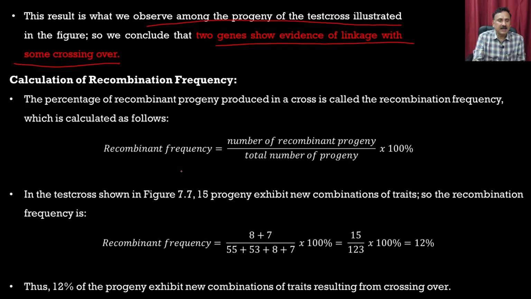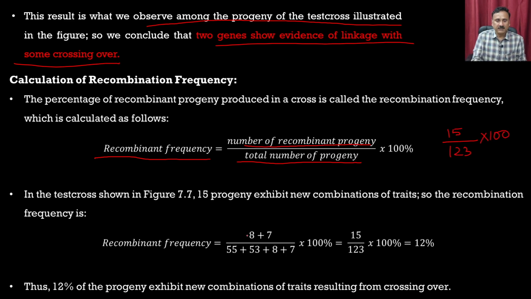So this is an example of how you can calculate the recombination frequency. For calculating the recombinant frequency, you put the number of recombinant progeny divided by the total number of progeny, multiplied by 100. This is simple, right? Whatever number of progeny you got as recombinant, for example 15, which is what we found in the previous example, divided by 123, multiplied by 100, is what is shown here.